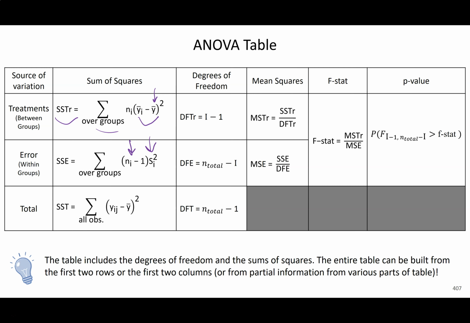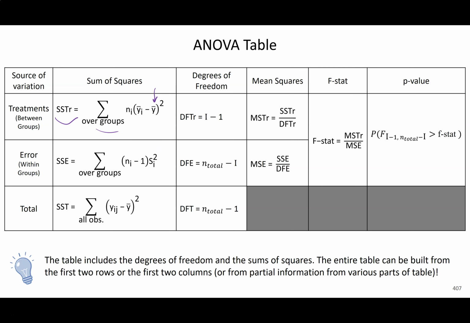And total is just saying, if I mapped an overall mean, how much does each observation differ from that overall mean? And you can calculate, okay, there's this much variability. This much of it's explained by the treatment. This much of it's unexplained, so it's error.